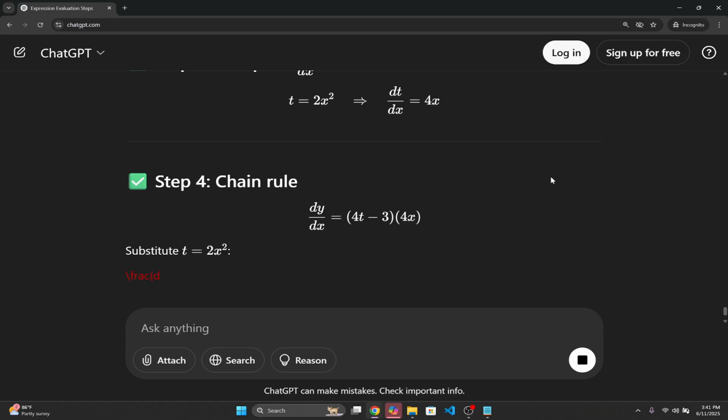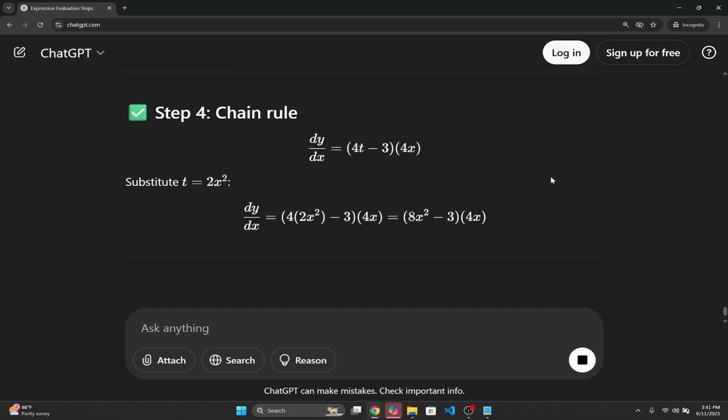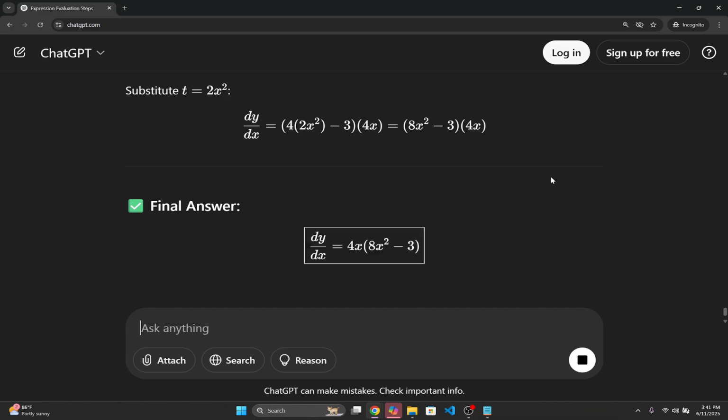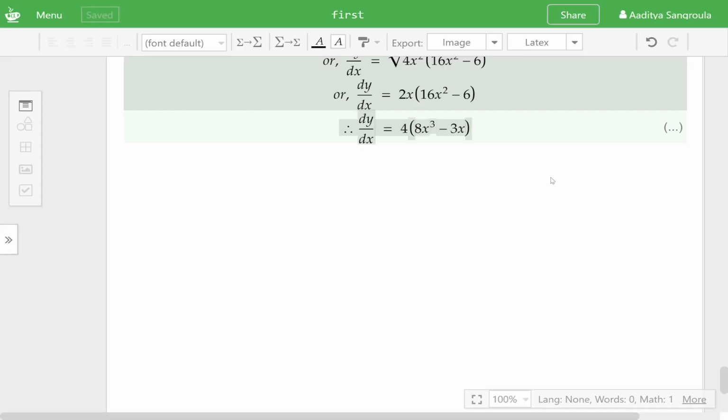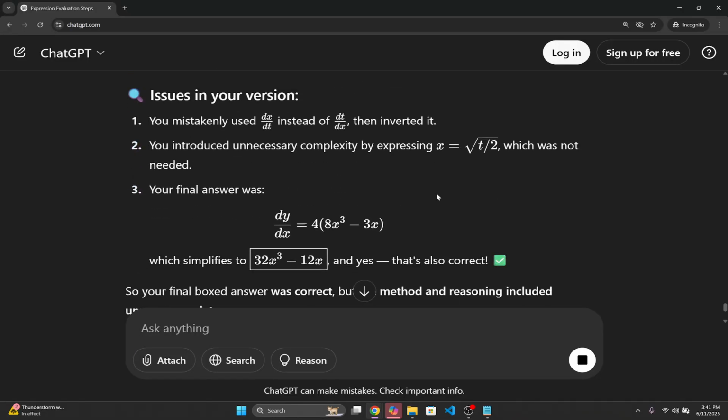So for x, 8x. Oh yeah, I could do that, but I don't want to. So you mistakenly used the x instead of and inverted it. Okay, no problem.